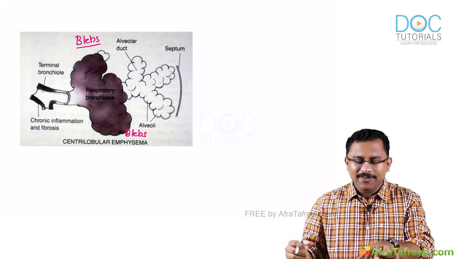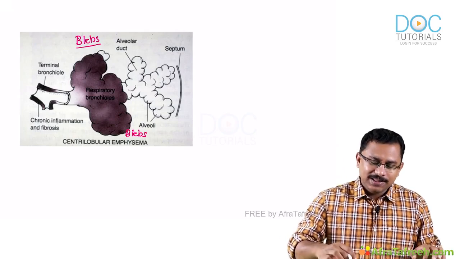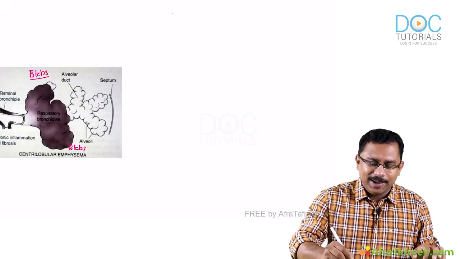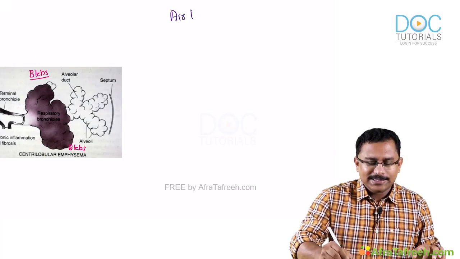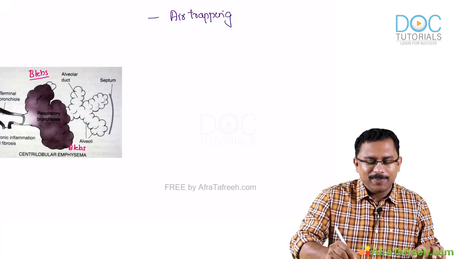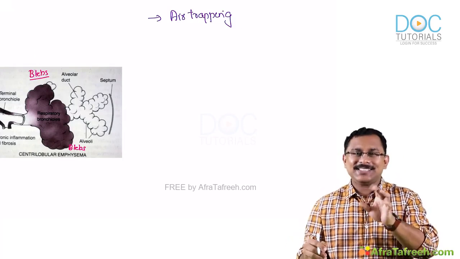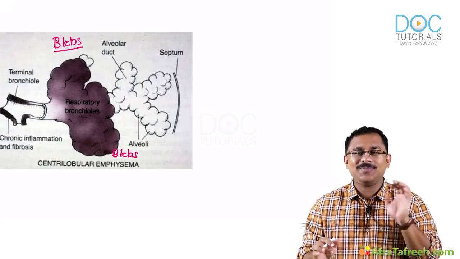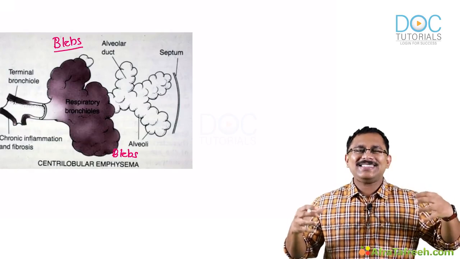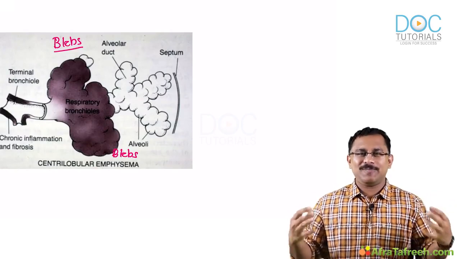So will you agree with me if I say that there is air trapping happening? It is happening in the respiratory bronchiole. You agree with me or not? So all the air is getting trapped in your respiratory bronchiole.